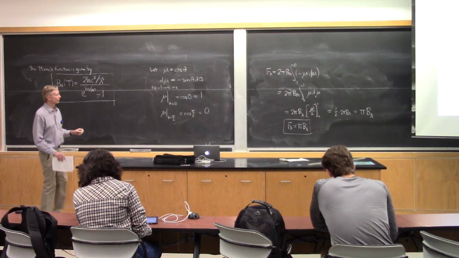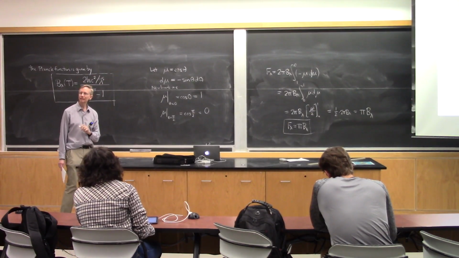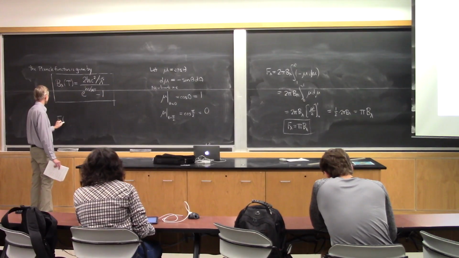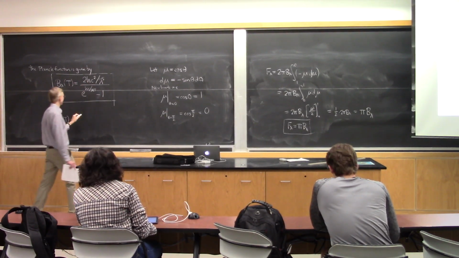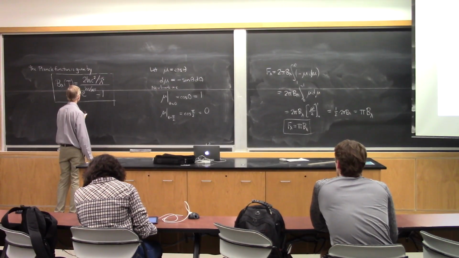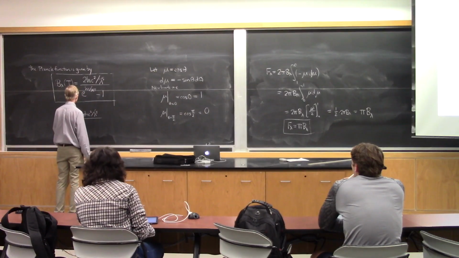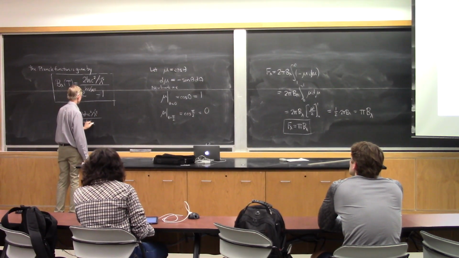And now we know that F lambda is pi times B lambda. So F lambda as a function of T is just put a pi in there as well. F lambda is 2 pi hc squared over lambda to the 5th, e to the hc over lambda kT minus 1.